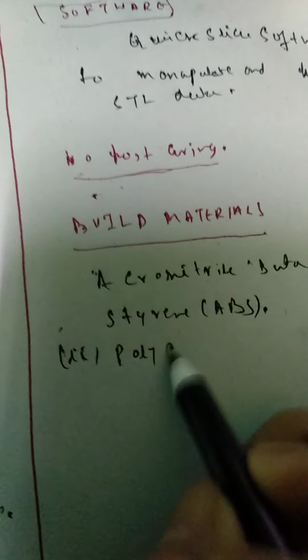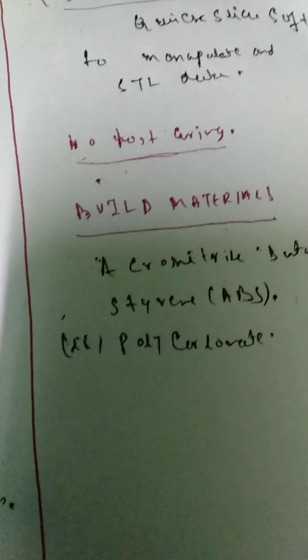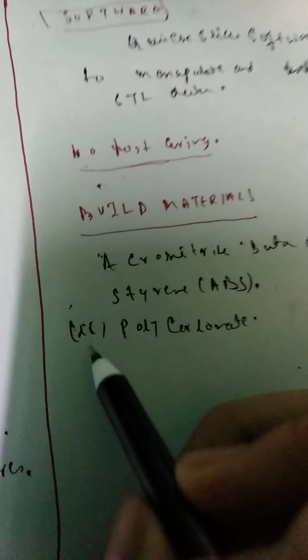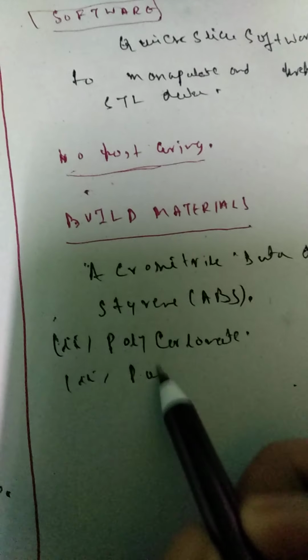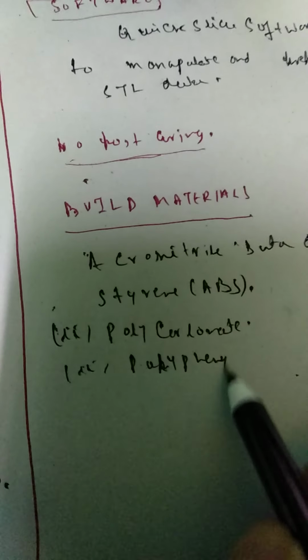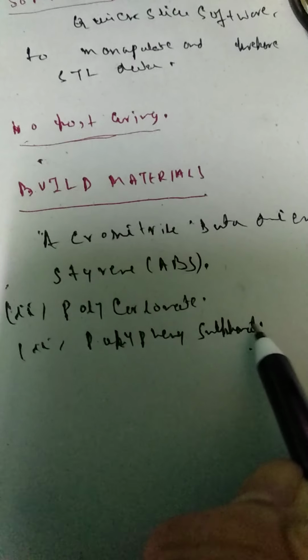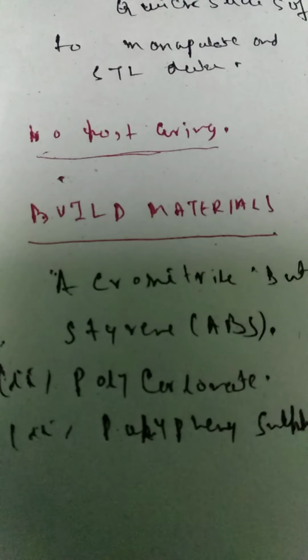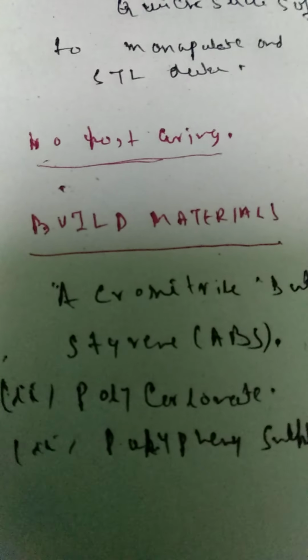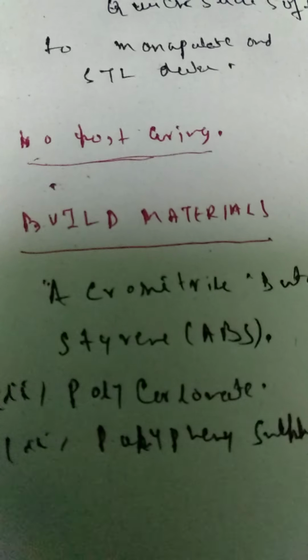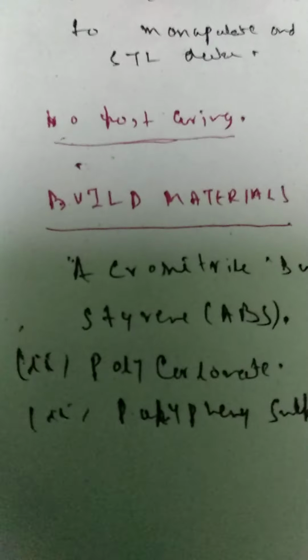Other materials are polyphenyl sulfone. These materials are used in high-end machines and only work with a breakaway support system, making their use somewhat difficult and specialized. So this is about the materials used.